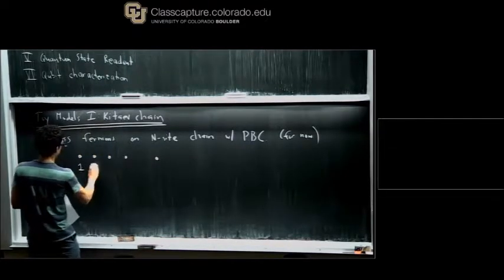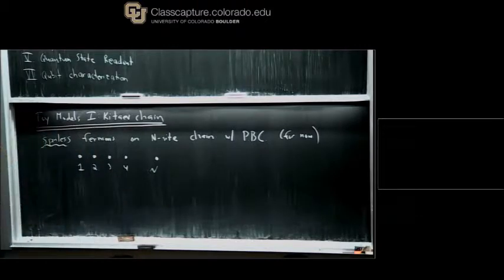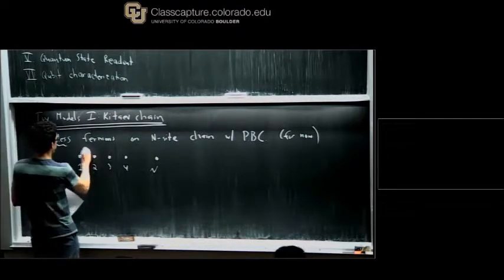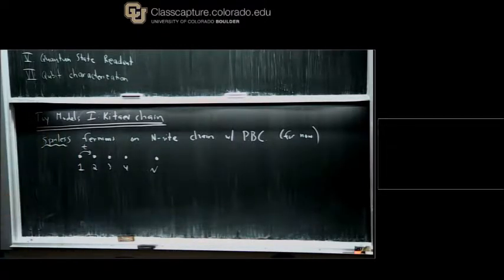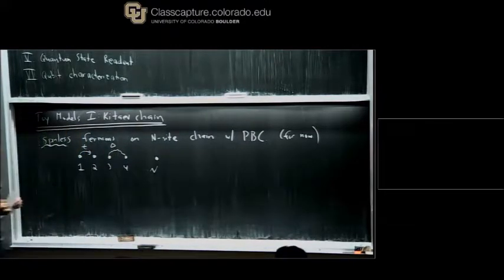Here's my n-site chain, sites 1, 2, 3, 4, up to n. I'm going to allow the spinless fermions to hop between nearest neighbor sites of this chain with some amplitude t. And I'm also going to allow pairing. I'm going to allow fermions on neighboring sites to form Cooper pairs with some amplitude delta.